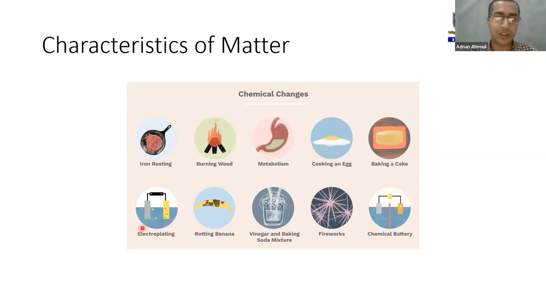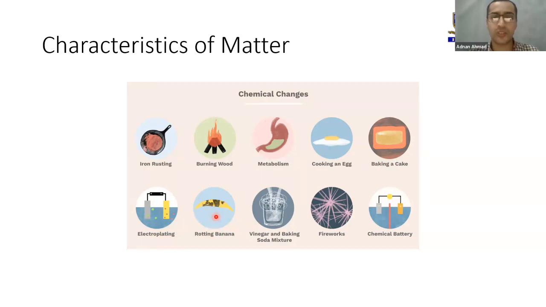right? Electroplating is a process where metals are coated or polished. Your cell phones, your laptops, this is electroplating. Okay, a rotting banana. What is a rotting banana? A spoiled banana.